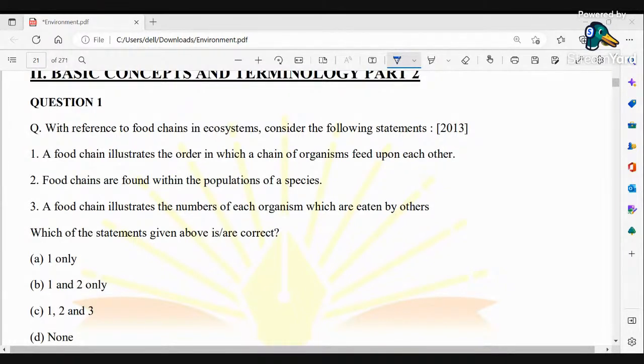You can study it and then attempt any one of the correct options given below. A, 1 only. B, 1 and 2. C, 1, 2 and 3. D, none of the above. Anyone with the correct answer?